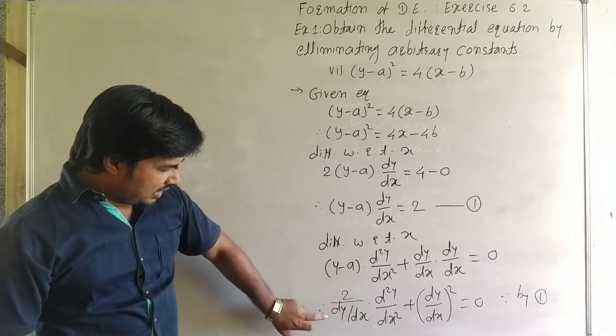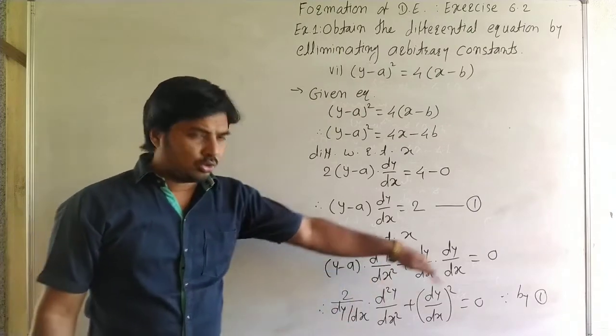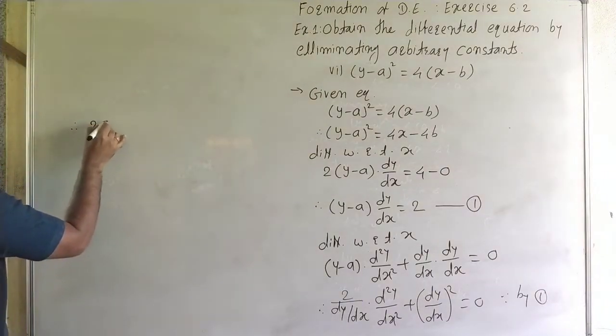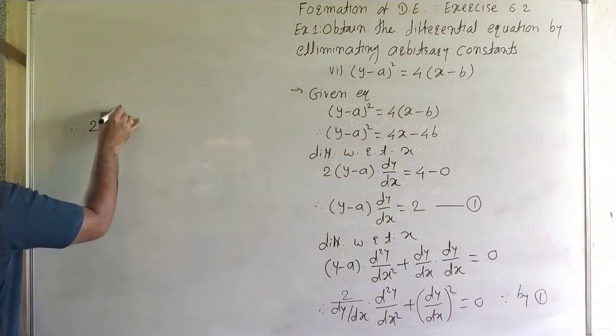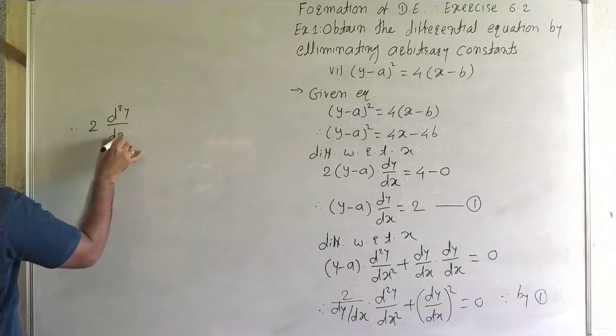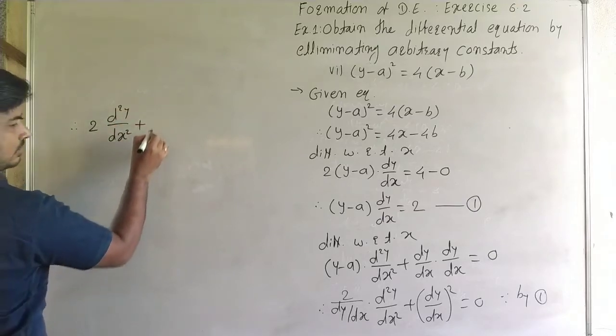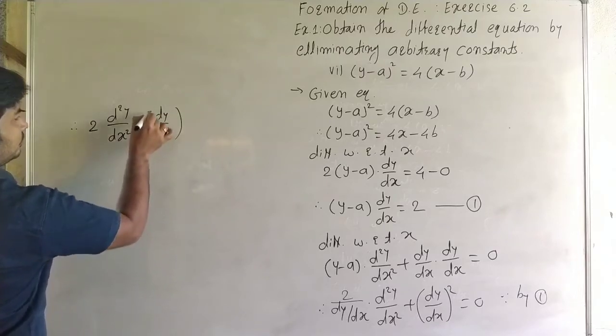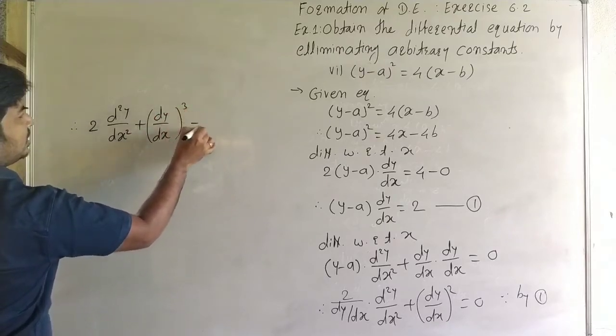Now we multiply throughout by dy by dx. Therefore we get 2 d2y by dx2 plus (dy by dx) cube is equal to 0.